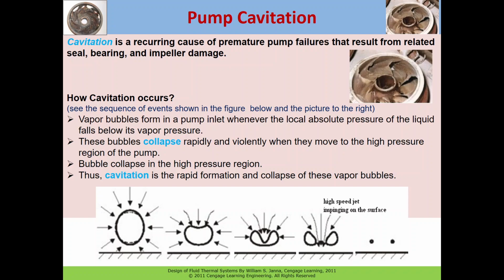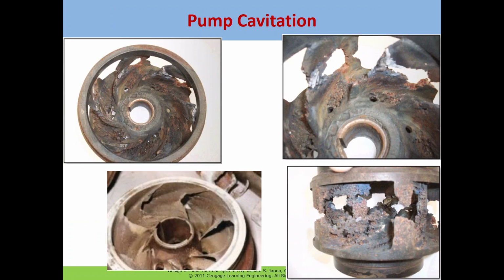If this phenomenon keeps happening, and it is a continuous process, then in the long run the metal deteriorates, more and more particles erode from the metal surface, and finally the surface is damaged. What you are seeing are surfaces of a pump impeller after cavitation erosion.